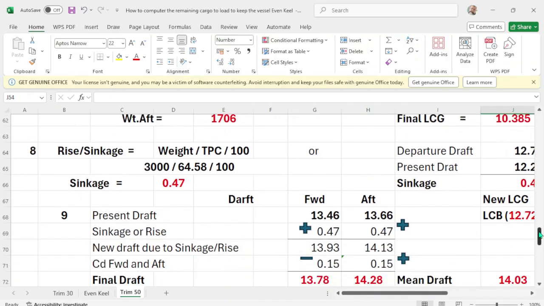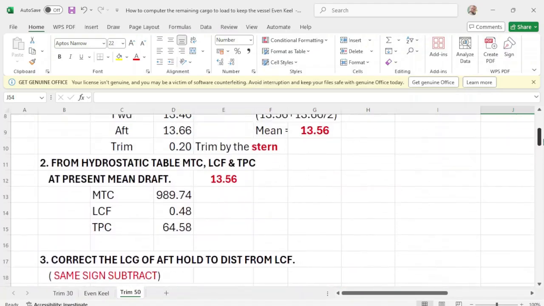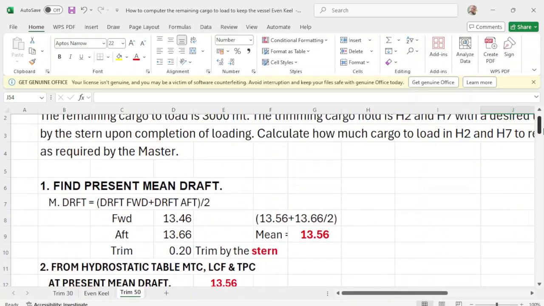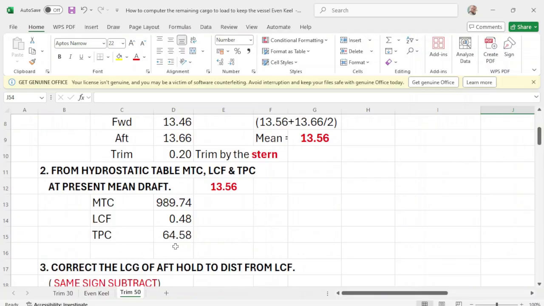Sinkage is weight times TPC times 100. Okay, that is 3,000, your weight. TPC is 64.58.